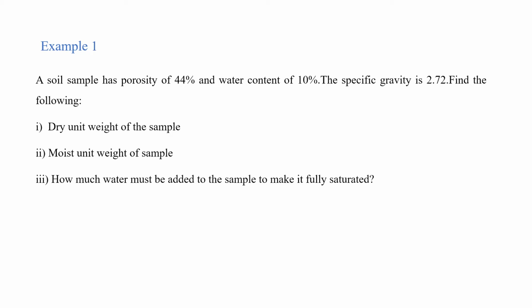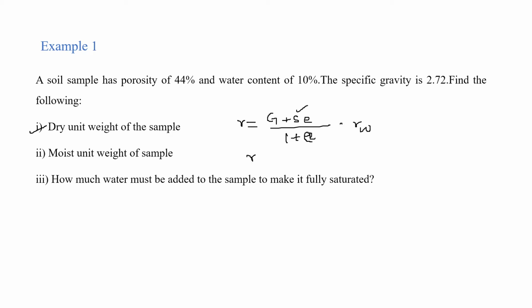So from part 1 of this lecture 2, we can recall the relationship we found for the unit weight of the sample. The unit weight is equal to (G plus Se) divided by (1 plus e), into the unit weight of water, right? From it we further deduced that for the dry unit weight of the sample, the saturation is equal to 0, right?